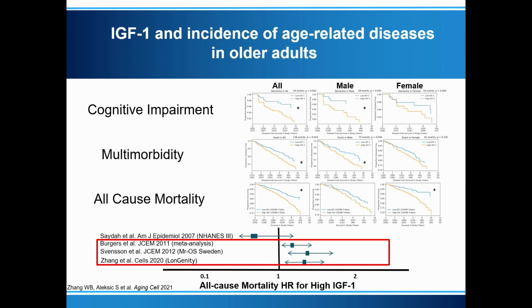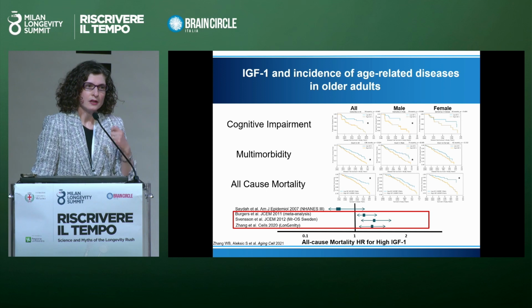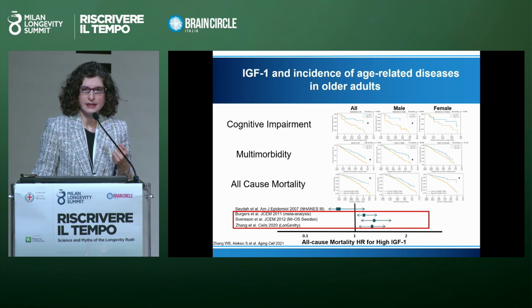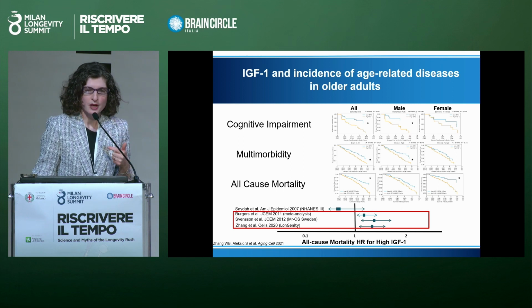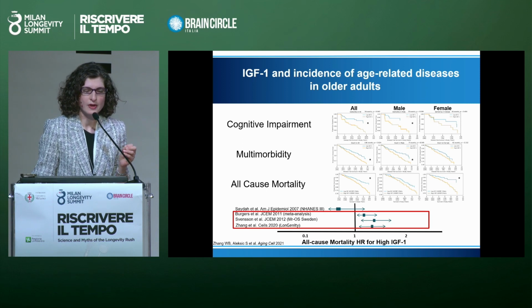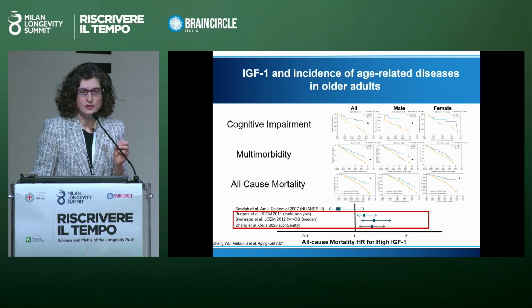That's the top line. They had less multimorbidity, so this is looking at any age-related disease like cancer, cognition problems, diabetes, heart disease. So those with low levels were less likely to develop all of those. And they had less mortality, right? If they had lower levels of growth hormone, they were less likely to die.